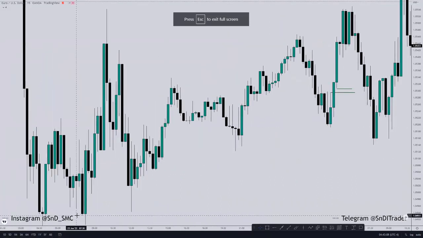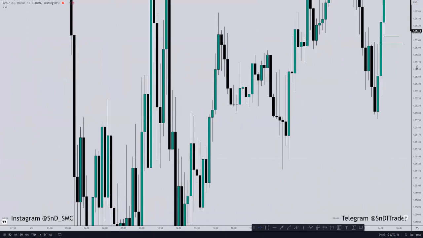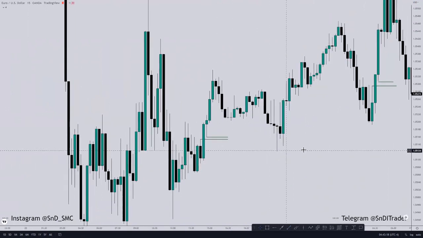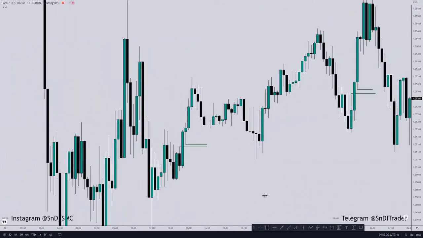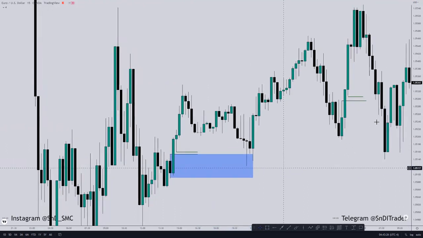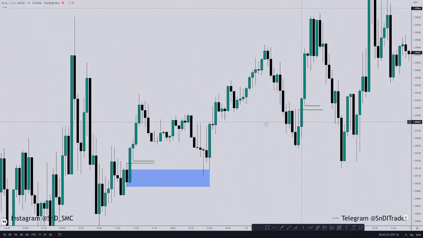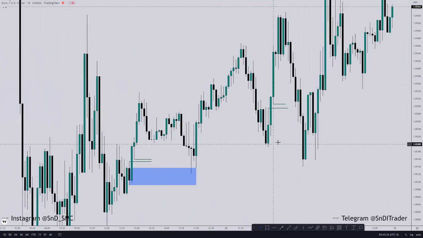We had some sort of fair value gap from this wick to this wick. What happened here? The market filled this fair value gap and went upside from this bullish order block. So that is how you see the fair value gap.